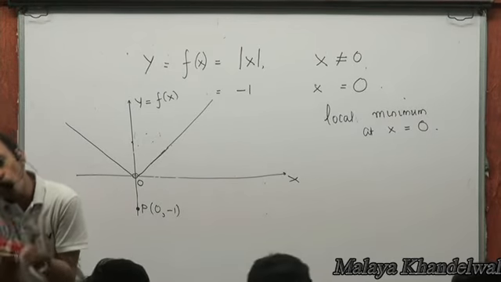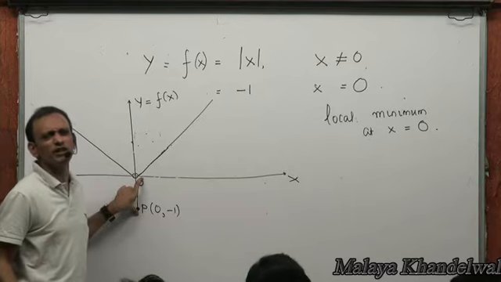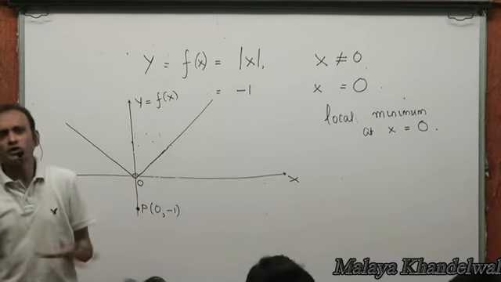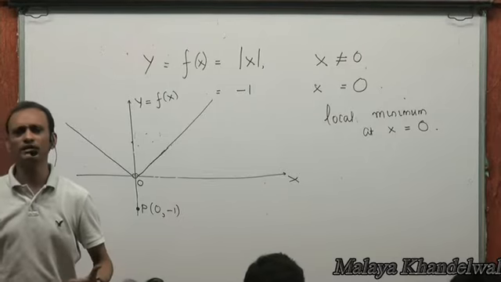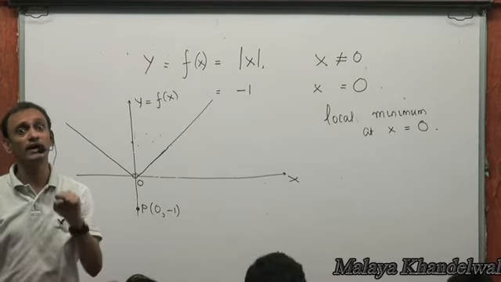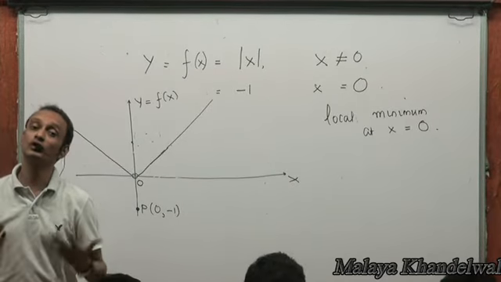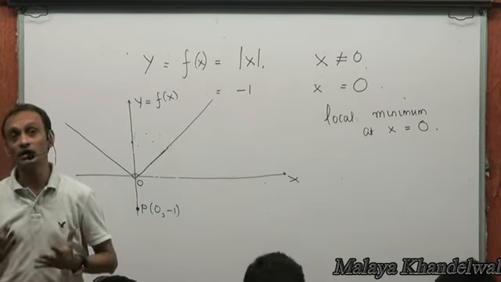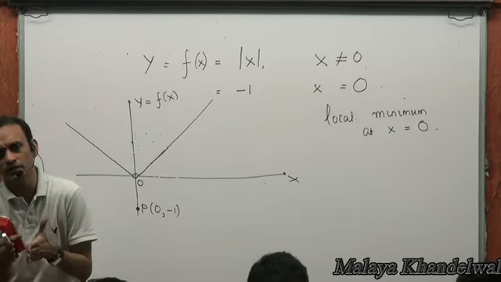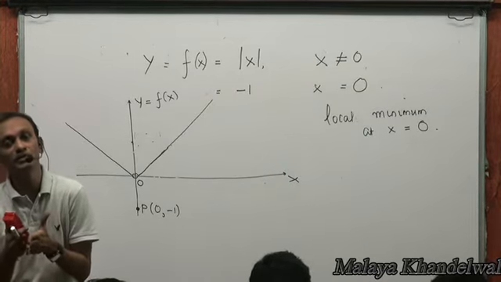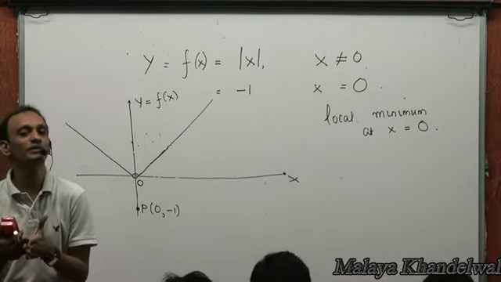Let's say 10 to the power minus 50 here and 10 to the power minus 50 there, or 10 to the power minus 5000 on either side of x equal to 0, and you find that at x equal to 0 it has the greatest value compared to the neighborhood, or the smallest value compared to the neighborhood, then it's a case of local maximum or local minimum. The size of the neighborhood can be made as small as you like. That is the only important thing. In that small enough neighborhood, these conditions should be met.